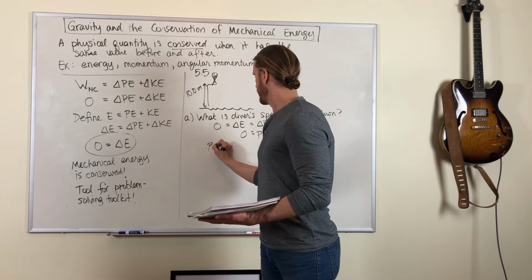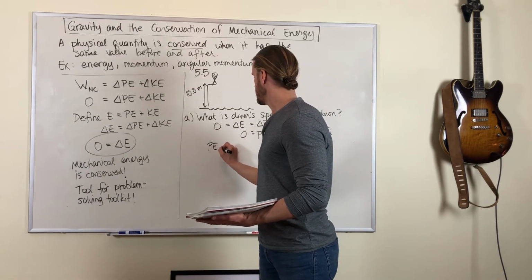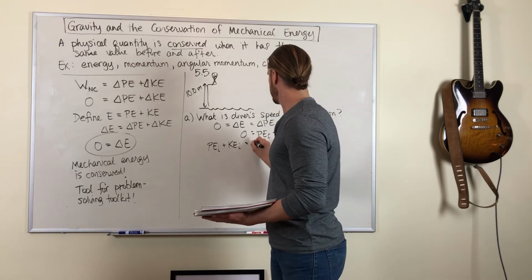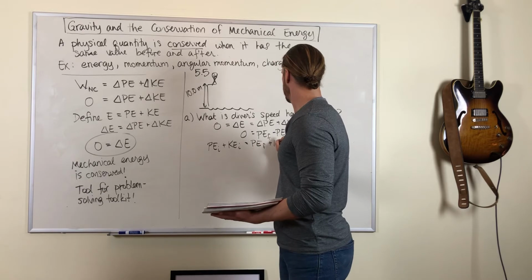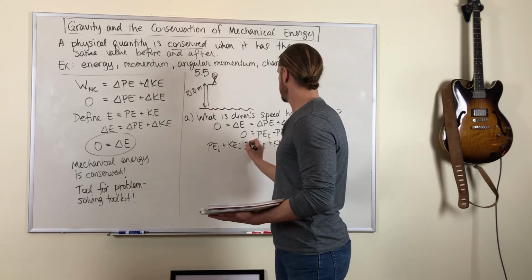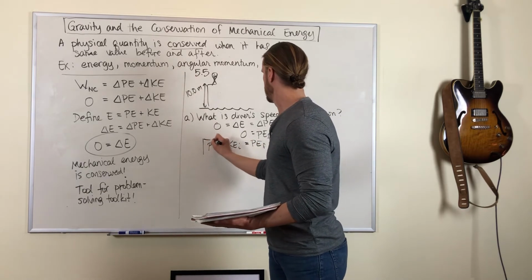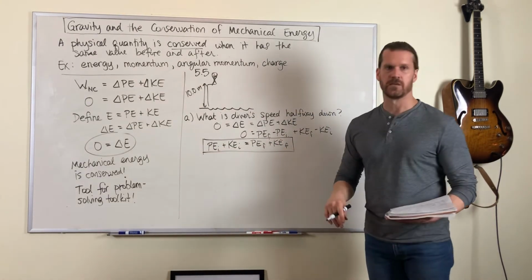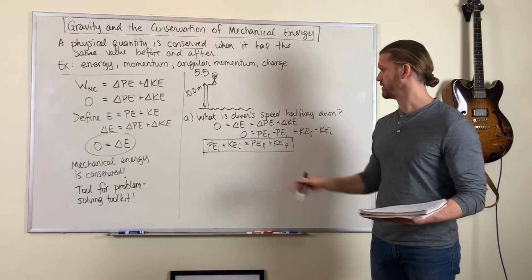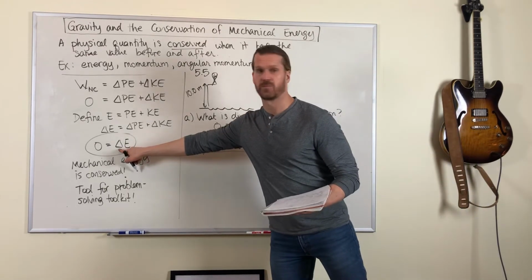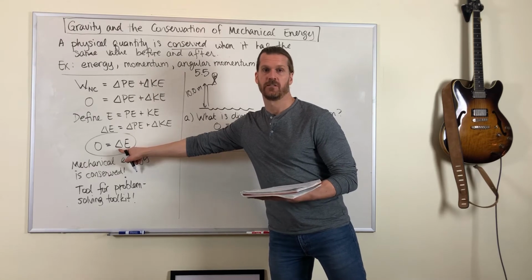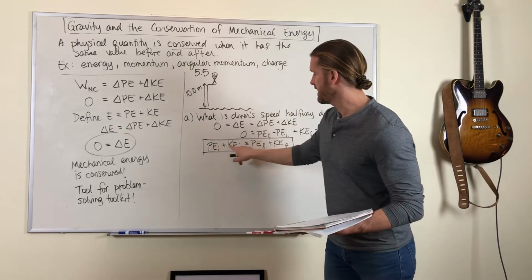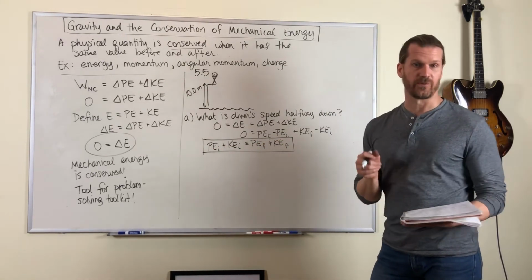And if we move things around a little bit, we have PE initial plus KE initial equals PE final plus KE final. And that's going to be our most useful form of this equation. That's just another way of writing this statement that mechanical energy stays the same the whole time. And now we replace each of these quantities with the formulas we've learned.